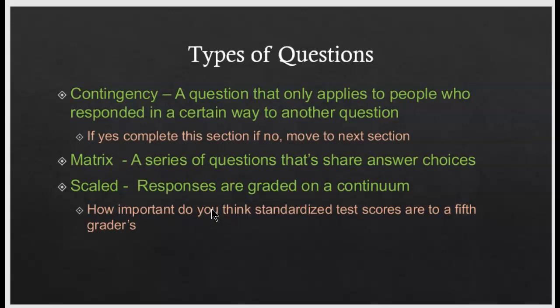Now, it's important to understand that Likert scale questions, where you answer on a scale of 1 to 5 a series of questions, can be statistically analyzed because they're very specific. But scaled responses are not as specific. So you may say, how much on a scale of 1 to 10 do you feel that you represent a good example of this thing?